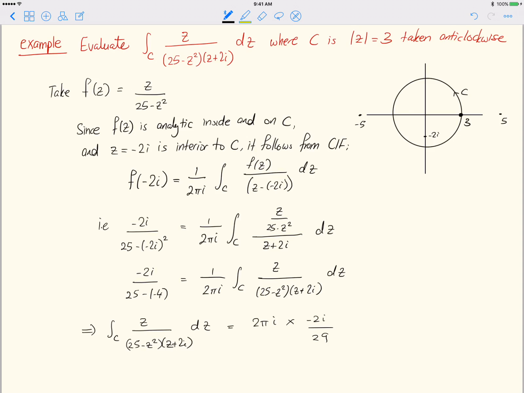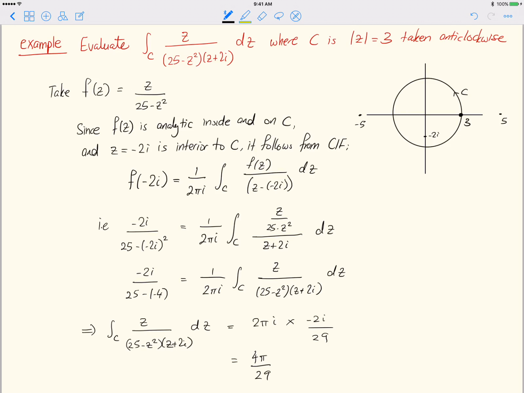Okay, so I times minus i is negative i squared, which is negative of negative 1, which is positive. So I'm just left with 4 pi on 29.